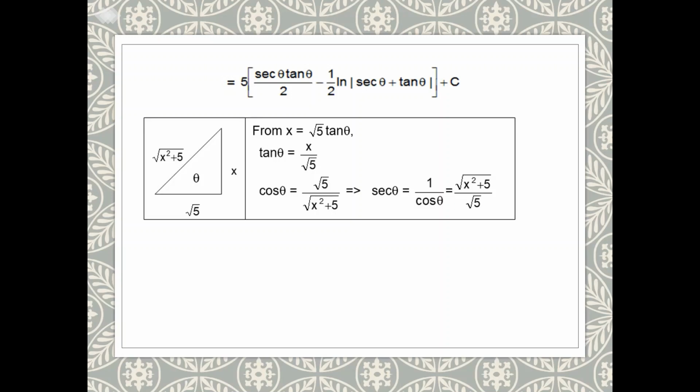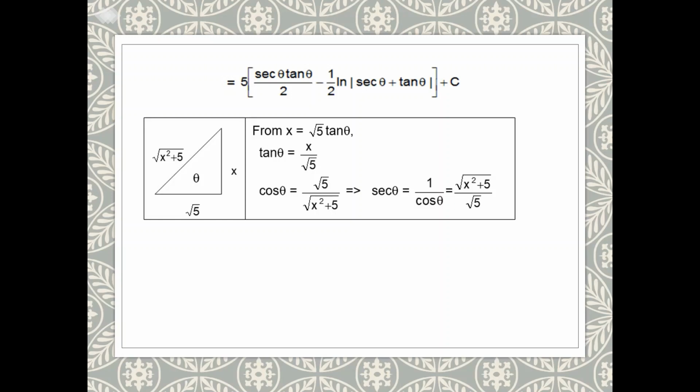We know that cos theta is equal to adjacent over hypotenuse. Therefore, from this triangle, cos theta is given by square root 5 over square root of x squared plus 5.